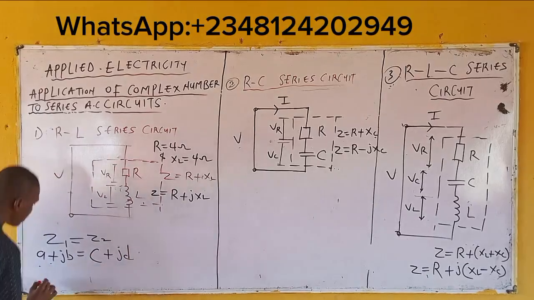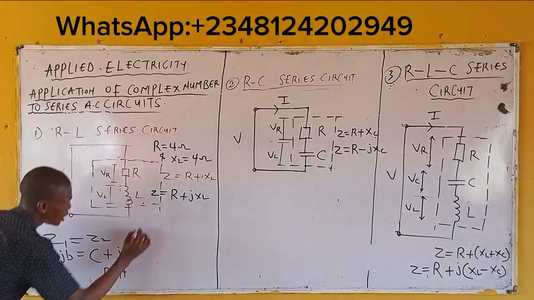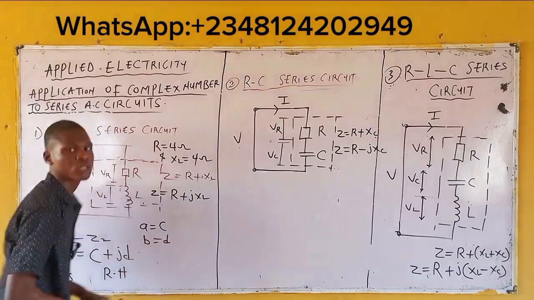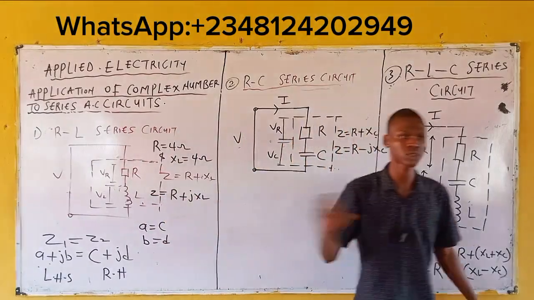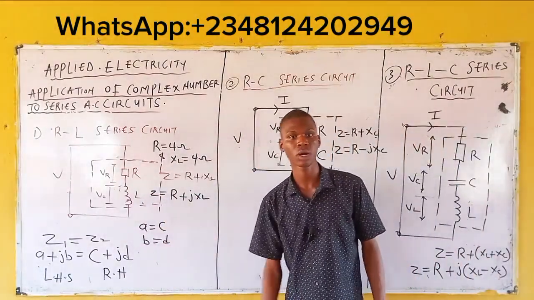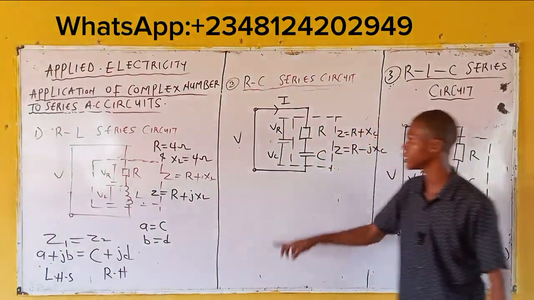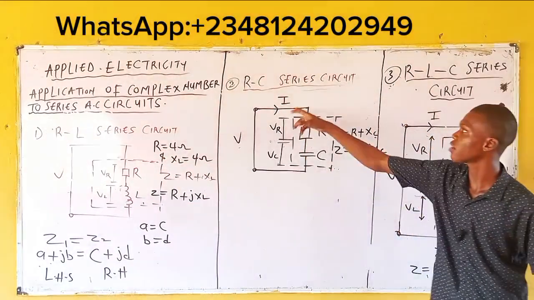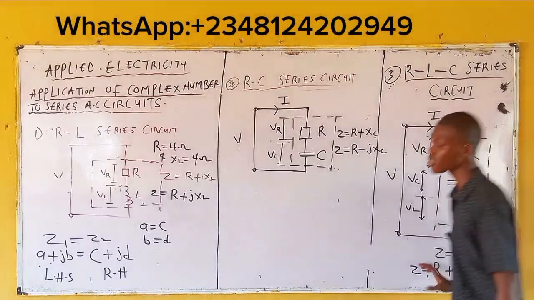Comparing the left-hand side and the right-hand side, A equals C and B equals D. So given any question, you compare the impedance of the circuit to the question given using equal complex number. Just take note: this is the formula for impedance for the RL series circuit, this is for the RC series circuit, and this is for the RLC series circuit.